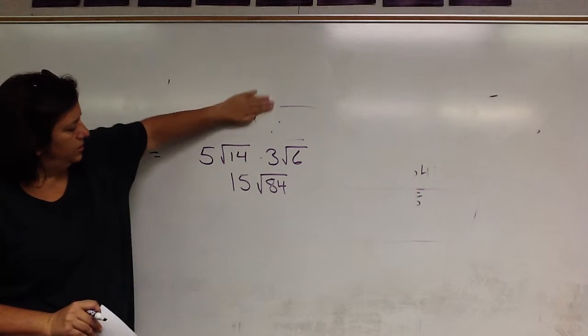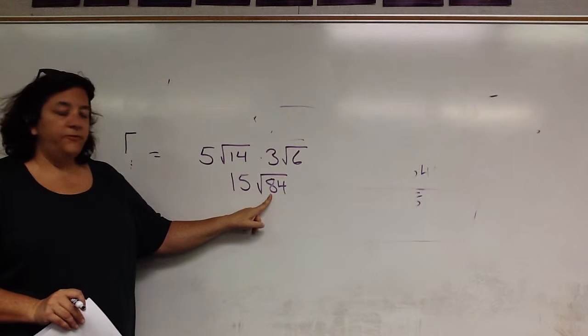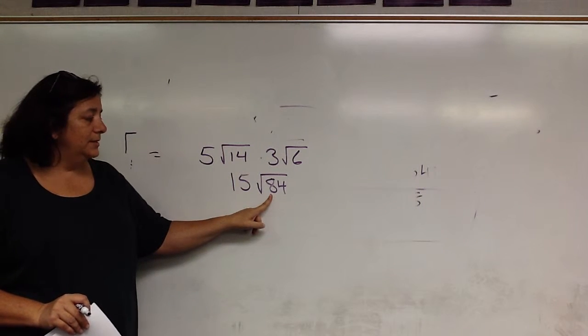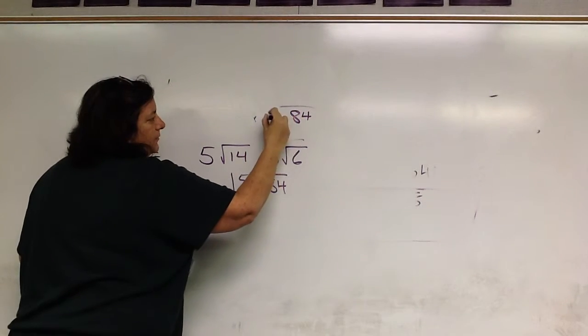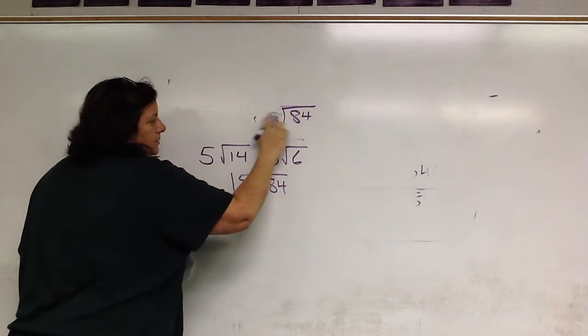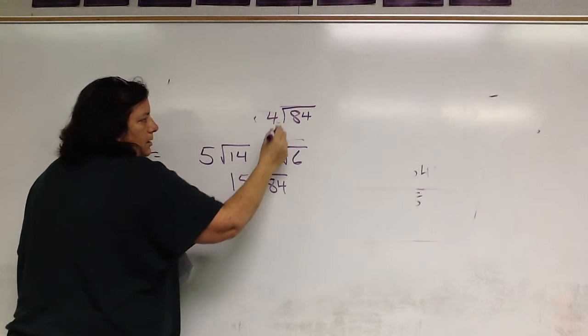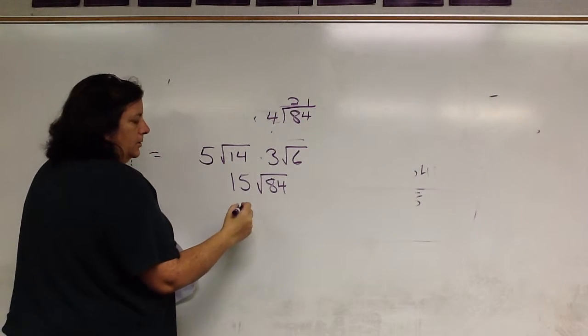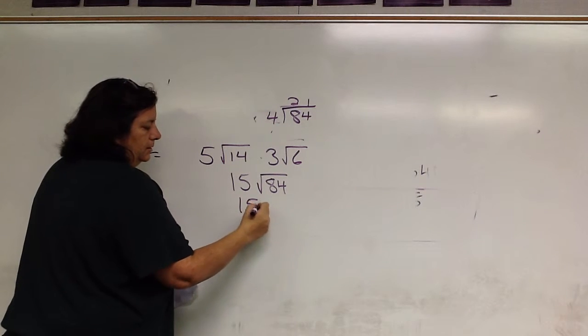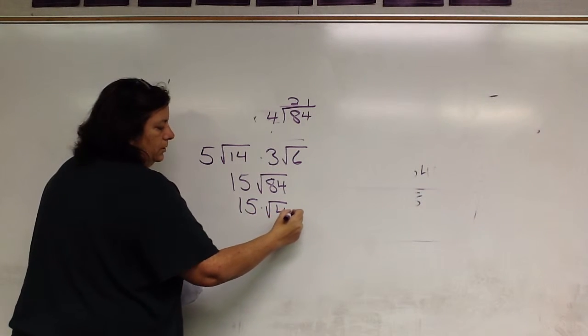And the first thing I'm wondering is, is 4 a factor of 84? And I think it is. I think it's 4 times 21, right? 84 divided by 4. Oops, that's a 2. Well, I can just say that's 21, right? So this is cool. This is 15 times root 4 times root 21.